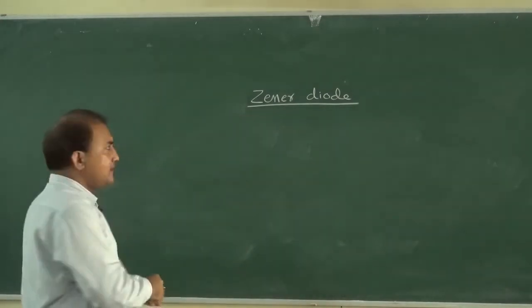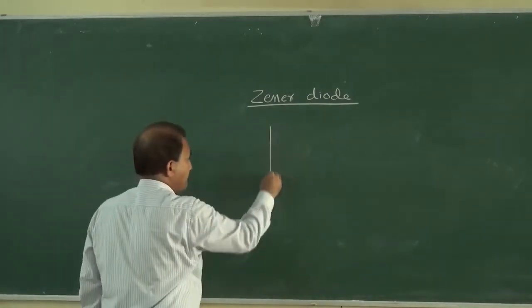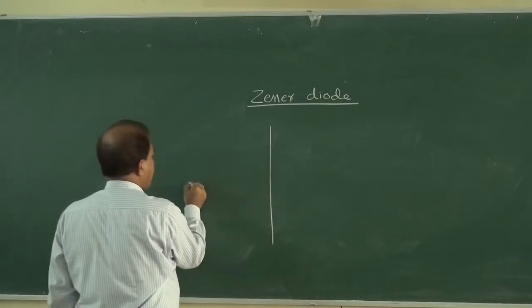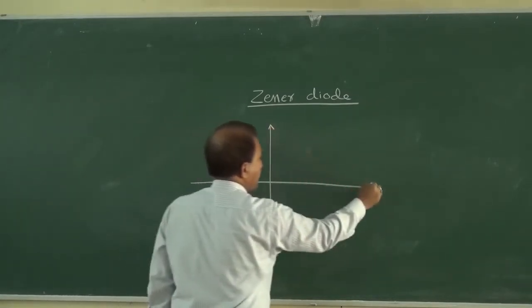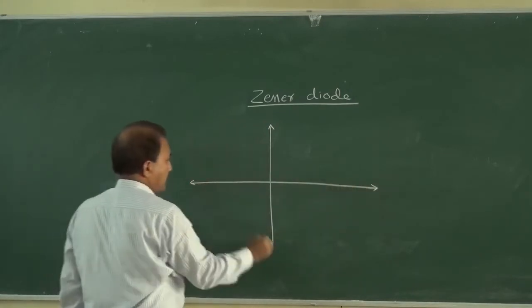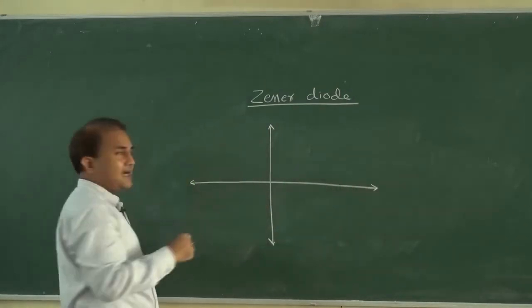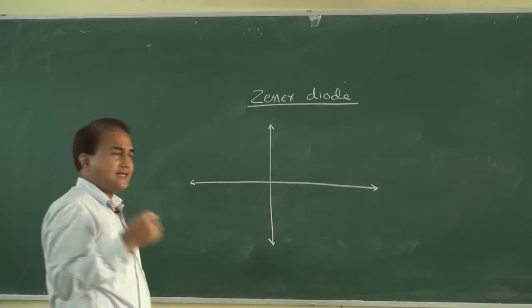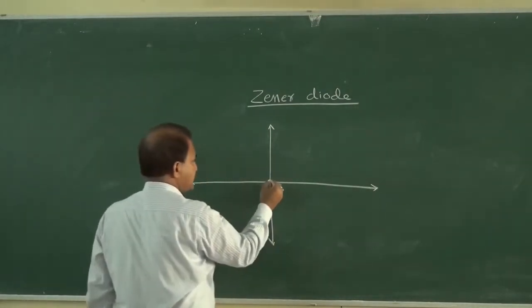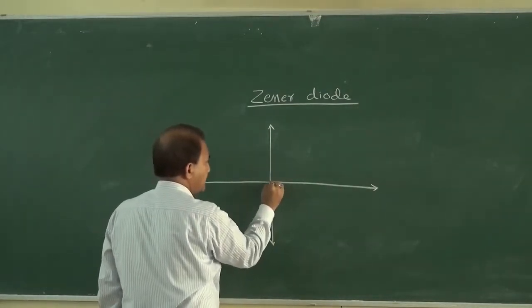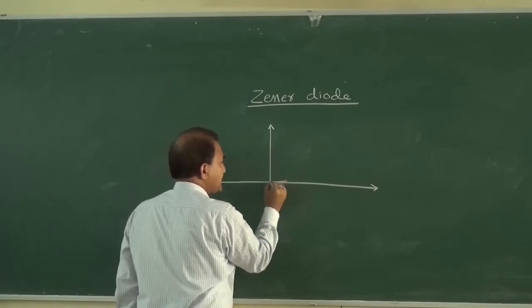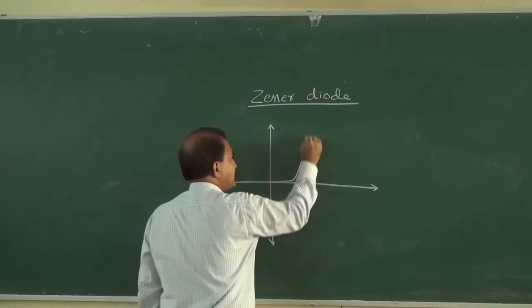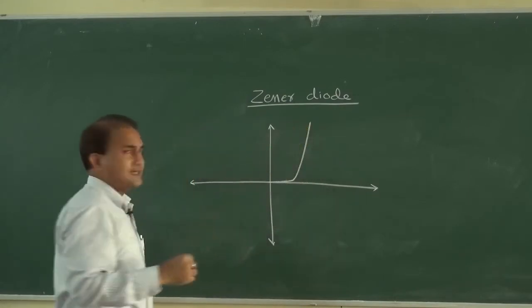Then we will see the VI characteristics. Suppose this Zener diode is made up of silicon semiconductor material, then its forward characteristic will be just like a silicon PN junction diode.